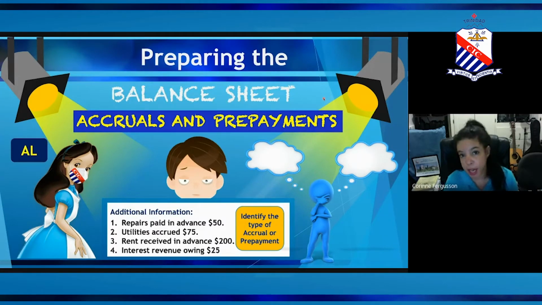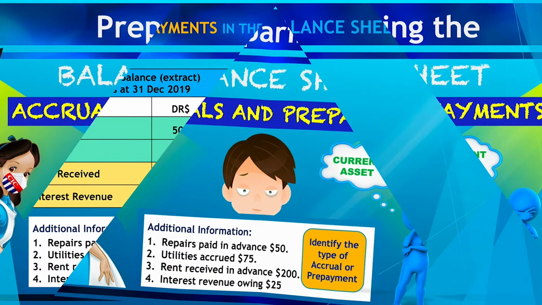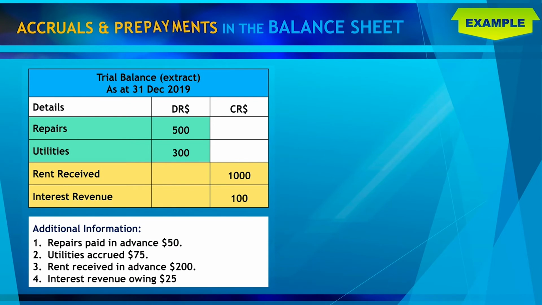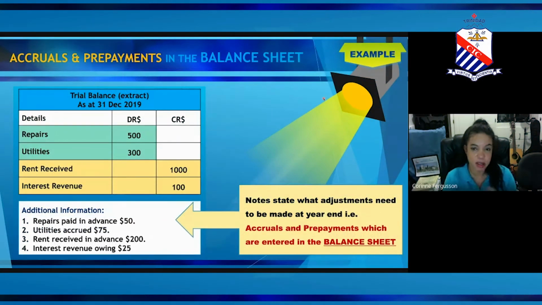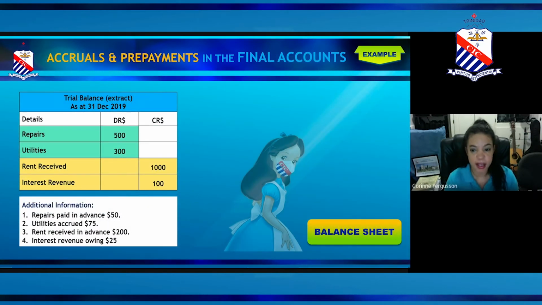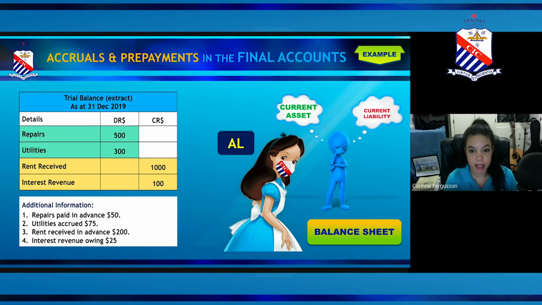When you identify it, you're going to know whether it goes under the current asset or current liability. Like in our example, the notes told us whether it was an accrued expense, accrued revenue, prepaid expense, or prepaid revenue, and that is what goes into the balance sheet under the assets and the liabilities.